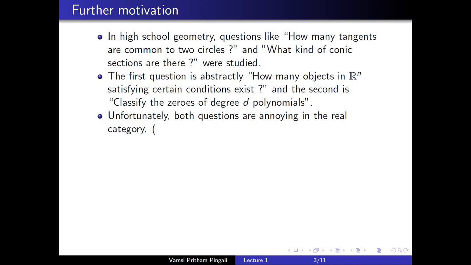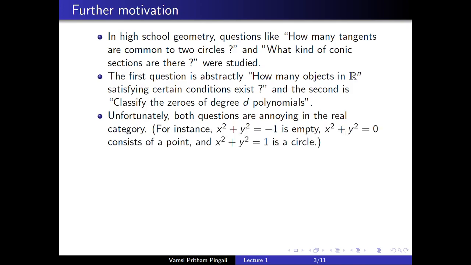The problem is these questions, while they're extremely beautiful, are very annoying over the reals. What do I mean? If I take x squared plus y squared equals minus 1, this set is empty. x squared plus y squared equals 0 consists of the origin, and x squared plus y squared equals 1 is a circle.